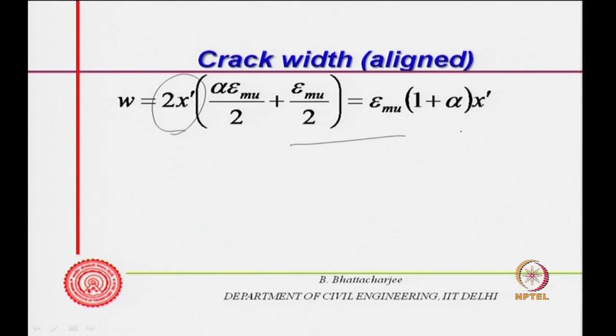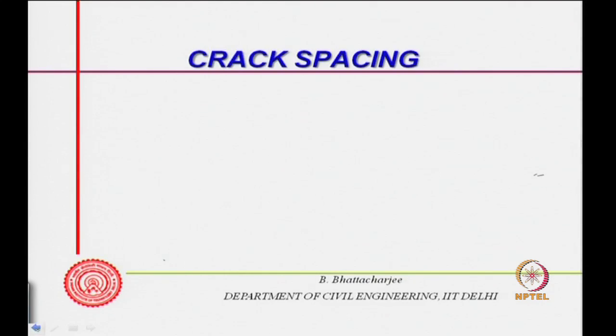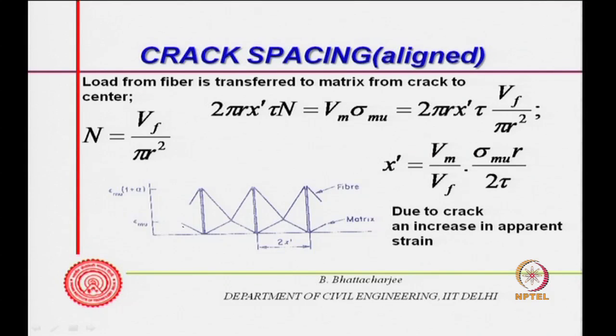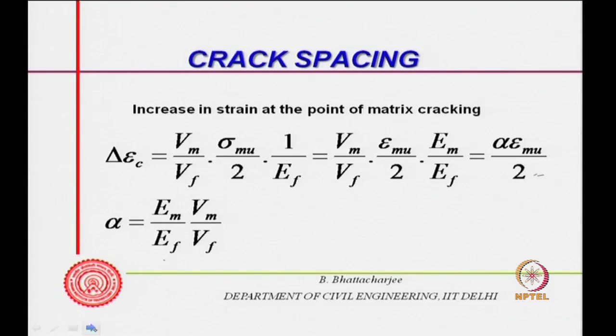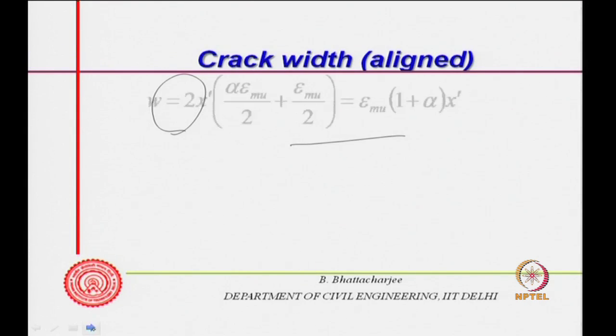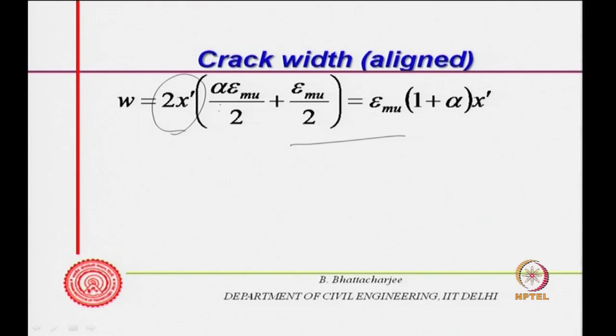So, that is the strain, and this diagram shows that this was alpha epsilon mu, and this height, that increase, is epsilon mu into 1 plus alpha, but the average will be half of this, the average increase.